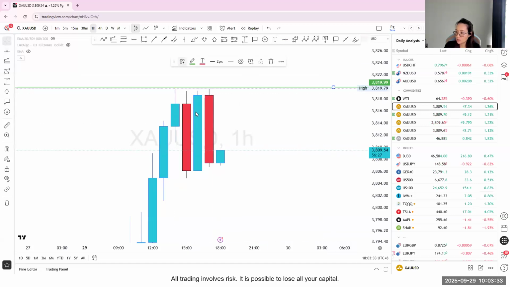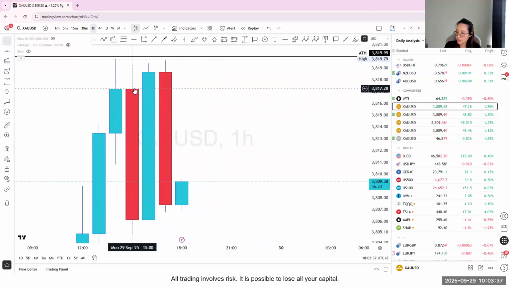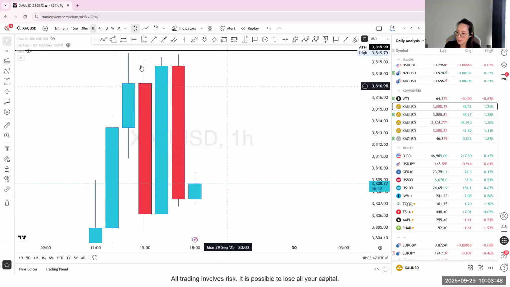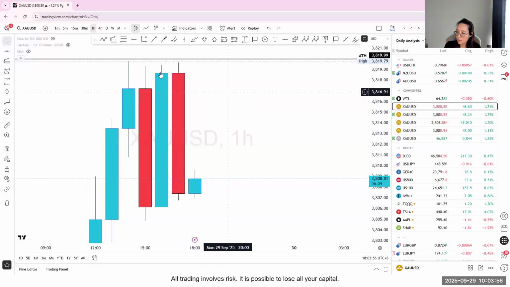It was the all-time high here, or ATH, right? I'm zooming in to see, even though from here you can see the opening or closing at 1817, and another one is opening at 1817 here. So the London session came in, and they're selling off from here, rising back up again.